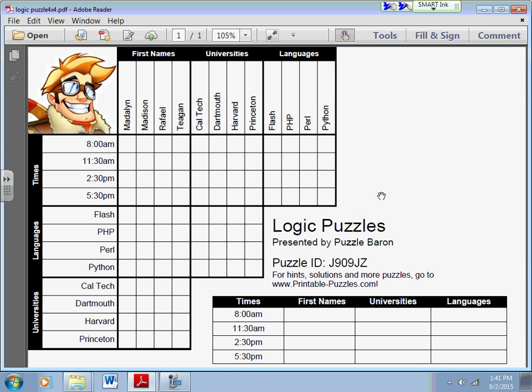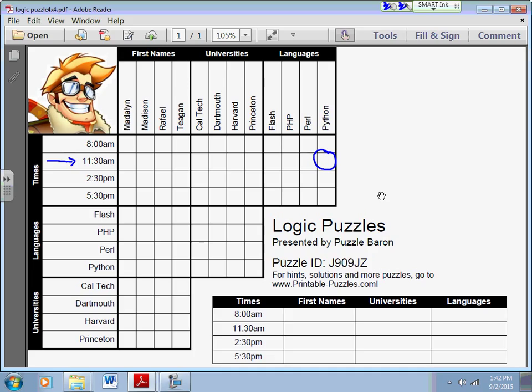All right, so did everybody find 11:30? Match it with Python, and you put a circle right there. A circle means that those two go together, all right?